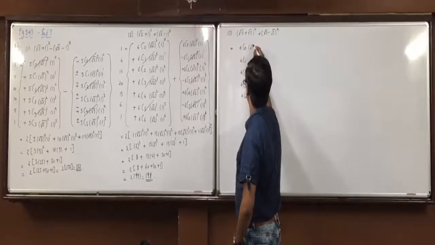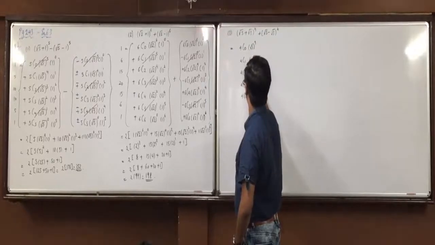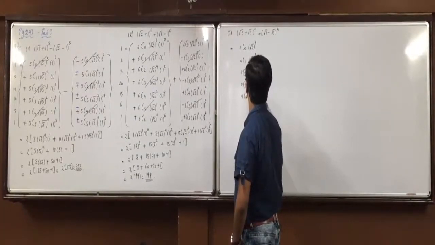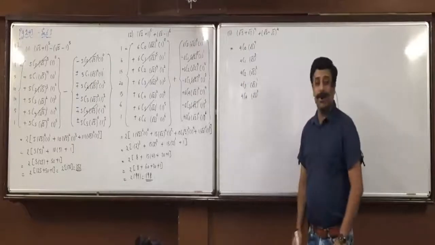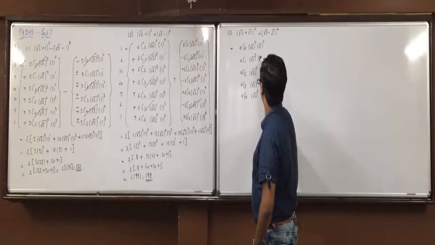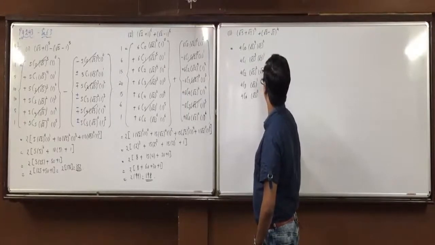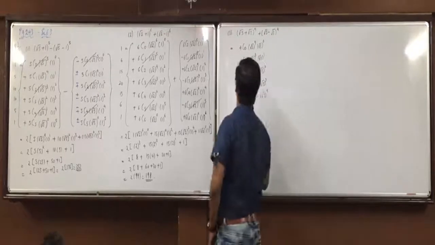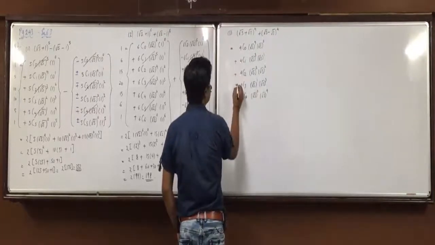Then you'll start with root 5 raised to 4 and go up till root 5 raised to 0. Then you'll start with root 3 raised to 0 and go up till 4. In between everywhere plus.